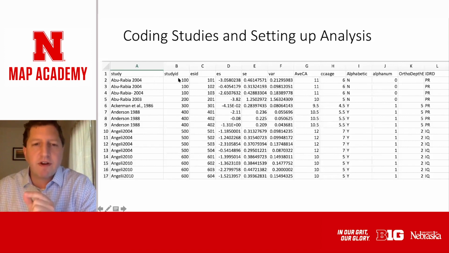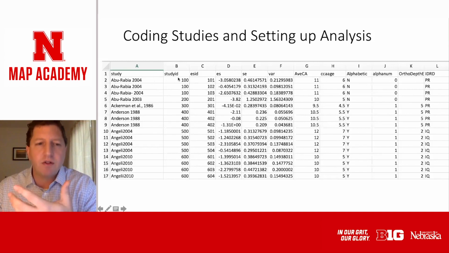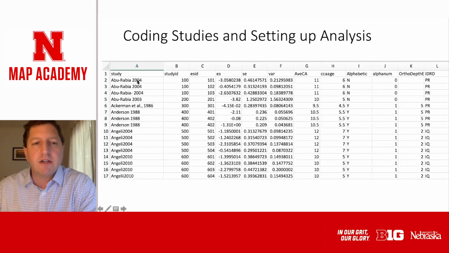However, with robust variance estimation, or for multi-level modeling, we have multiple effects that we can include. And so you can see for Abu Rabia 2004, there are actually 3 rows. They all have the same study identification number, but they have 3 different effect size identification numbers. And that will become important when we run our analysis.